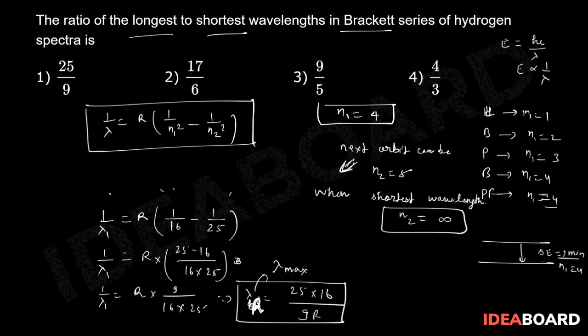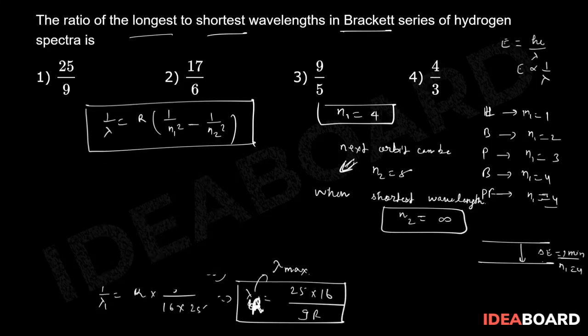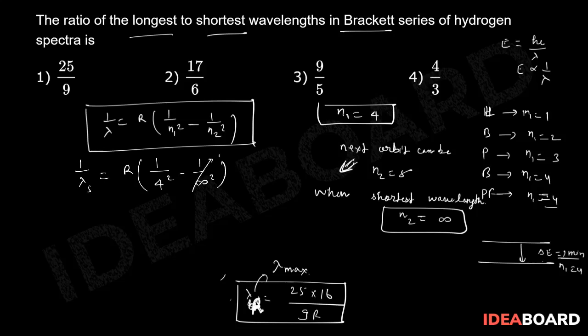If I use the same formula, I can write 1 upon lambda s, shortest, is equal to R into 1 upon n1 square, which is 4 square, minus 1 upon infinite square, which will of course be 0. So this will be R into 1 upon 16. This is 1 upon lambda s. So lambda shortest will be 16 by R.